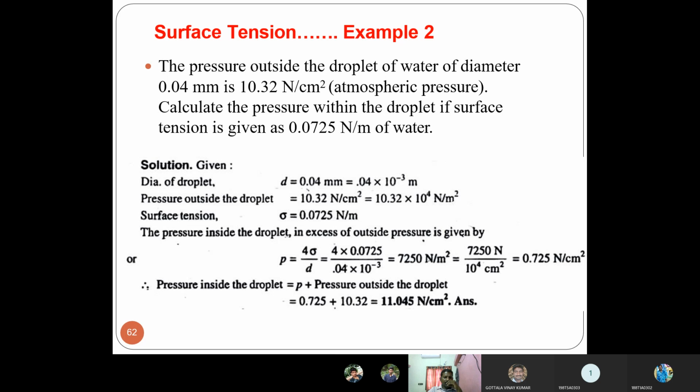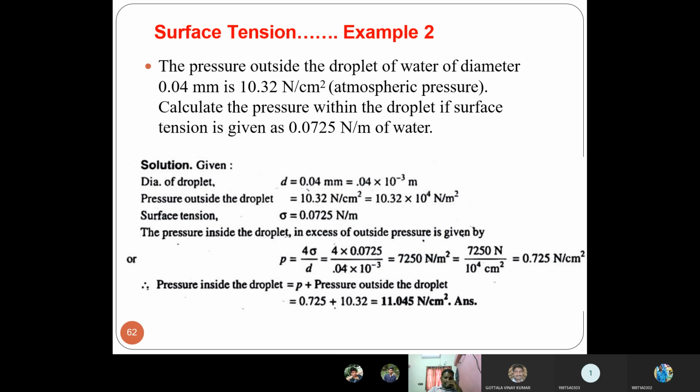That value we want to convert into Newton per centimeter square. So 1 meter is equal to 10 to the power of 2 centimeter. As we are squaring, we will get 10 to the power of 4 centimeters square.